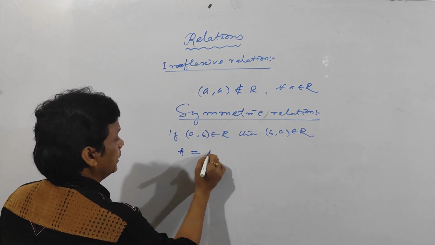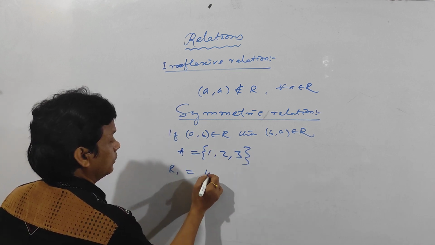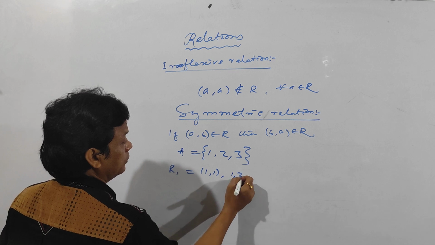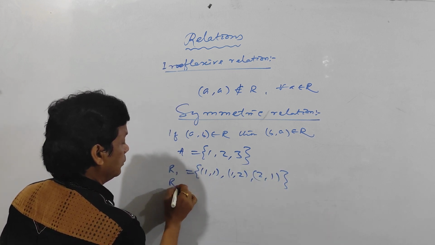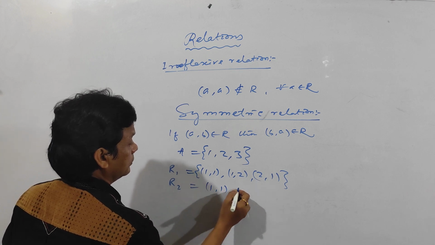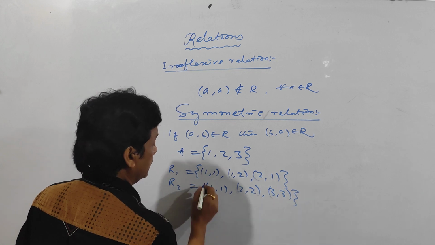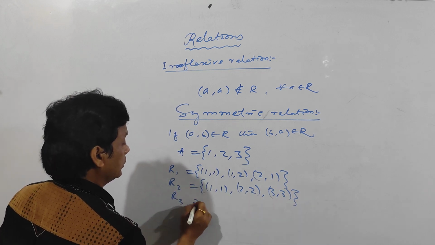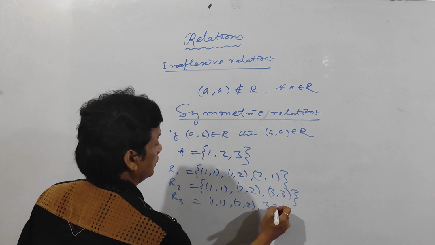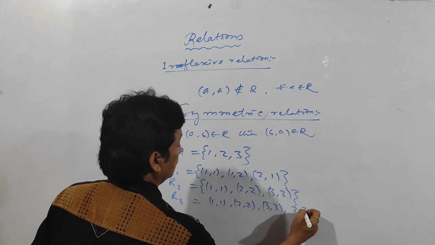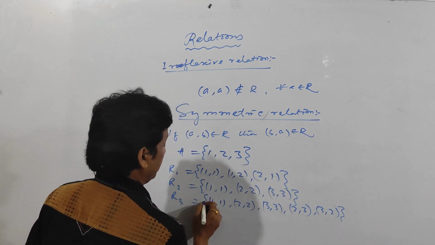If A = {1, 2, 3}, R1 = {(1,1), (1,2), (2,1)}, R2 = {(1,1), (2,2), (3,3)}, and R3 = {(1,1), (2,2), (3,3), (2,3)}.